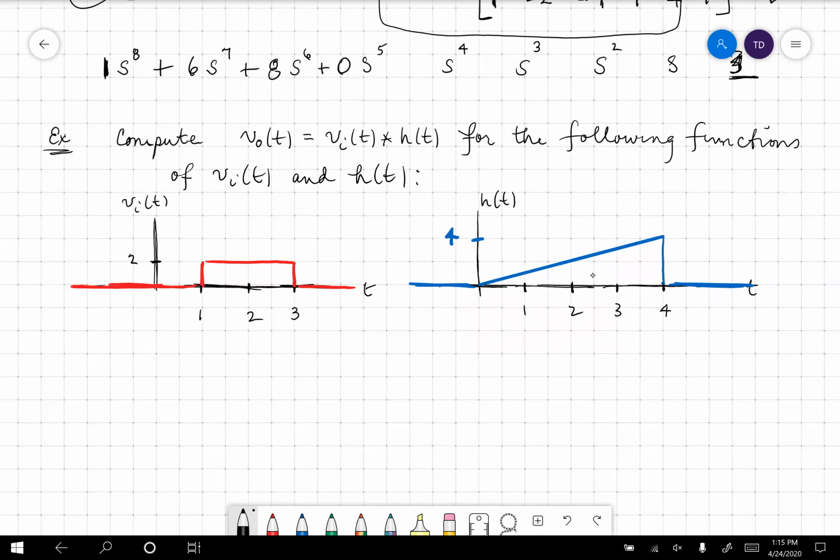So I have two functions that are piecewise functions in their finite duration. And so we want to do a graphical convolution, and the way we're going to do it is by utilizing the definition of the convolution integral.